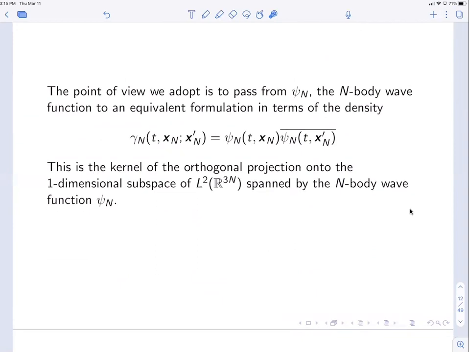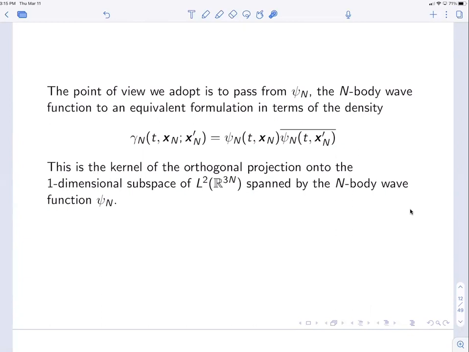So there are a few ways to study this problem mathematically. The one that we adopt will pass to the corresponding densities. So the N-body wave function psi is placed into a density, gamma_N, evaluated at x_N and x_N prime, which we set equal to psi at x_N times psi of x_N prime bar.